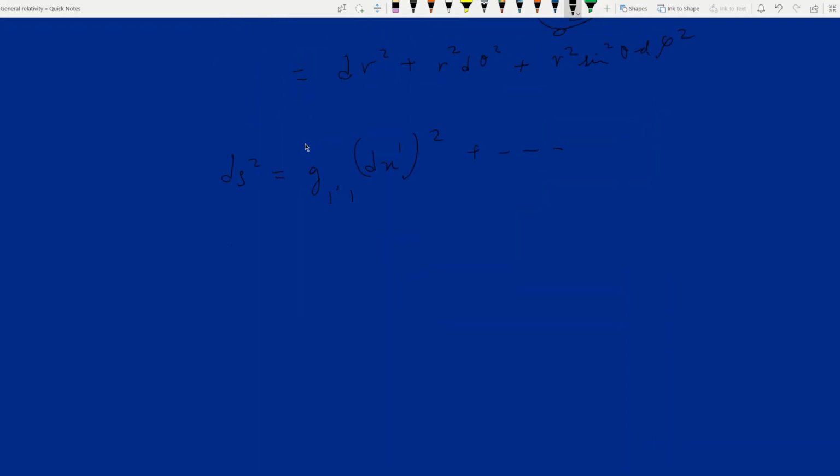We have these two ones right here, and I'm just distinguishing them from each other. So g of 1 primed 1 is also the same as g of 1 1 primed, right? So this is why we are saying that the metric tensor is symmetric. Why? Because I have used the primes to distinguish the coordinates, but g of 1 1 is basically equal to g of 1 1.